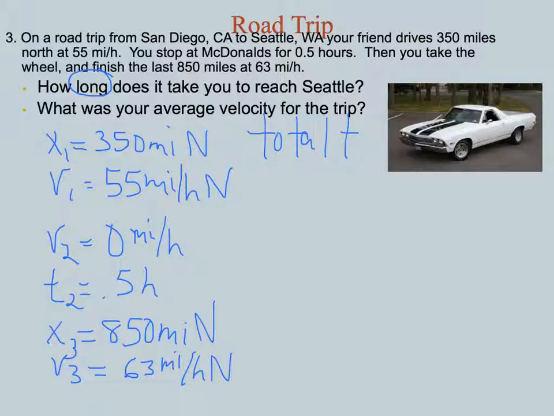Well, we would break this down into 3 parts. We know how far we traveled at the first stage, but we don't know how long that took. So why don't we figure out the times? That would help us later on, because total time would be T1 plus T2 plus T3.